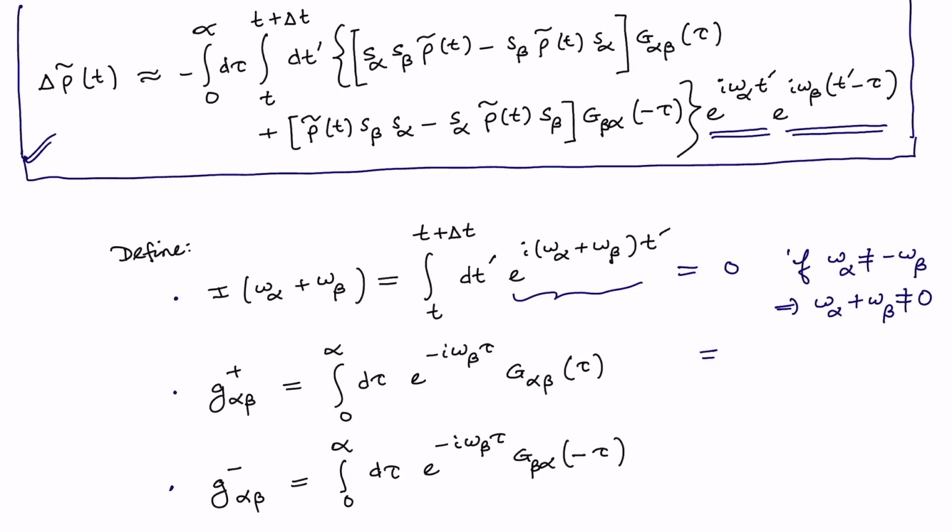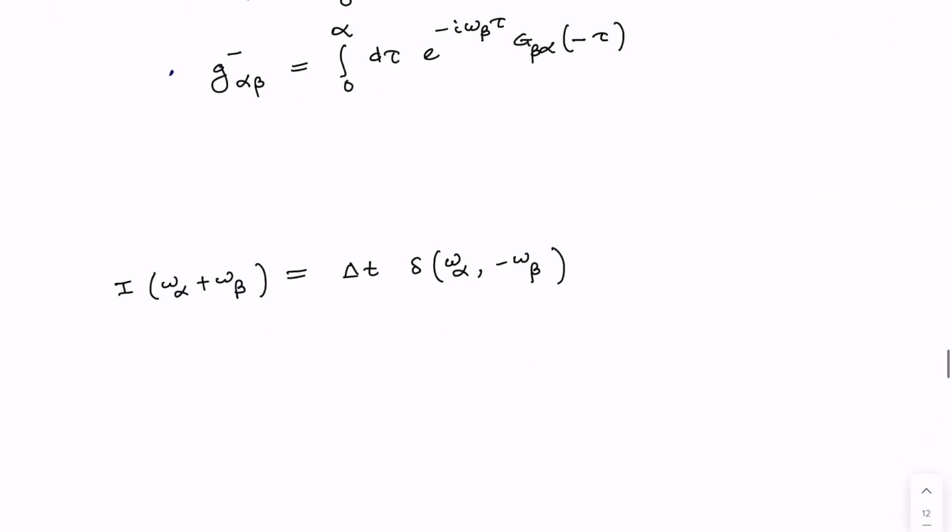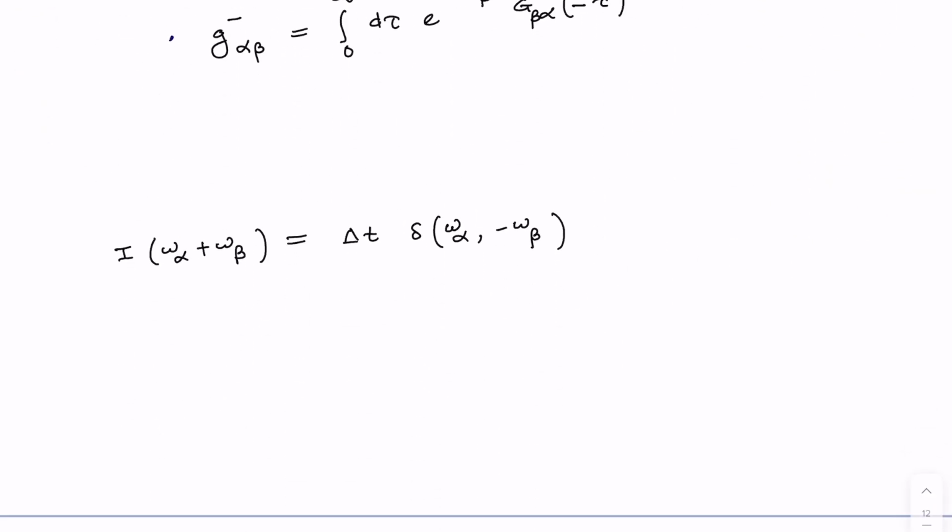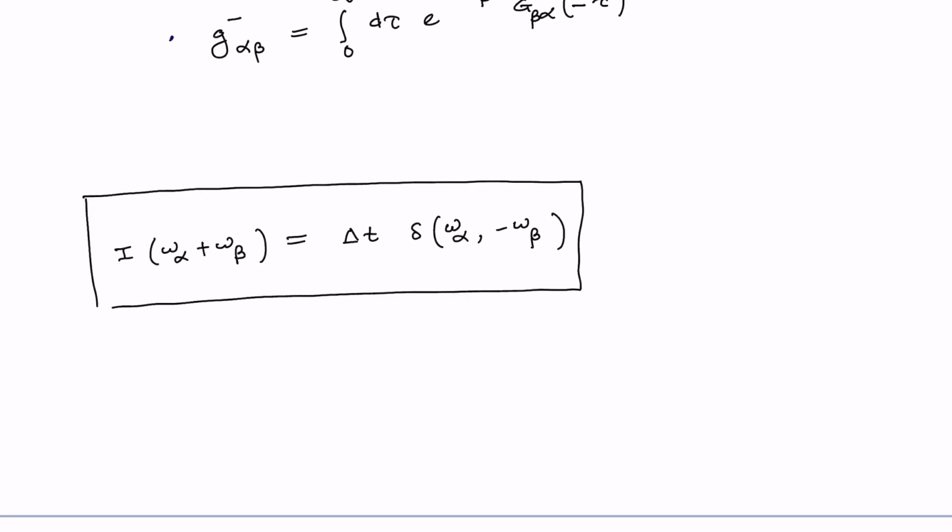But if omega alpha plus omega beta is equal to 0, then it is going to give me simply delta t. So using this information, we can write this integral I of omega alpha plus beta in this particular form.